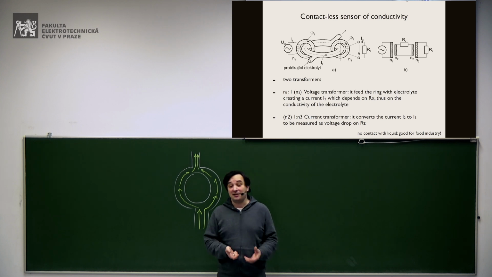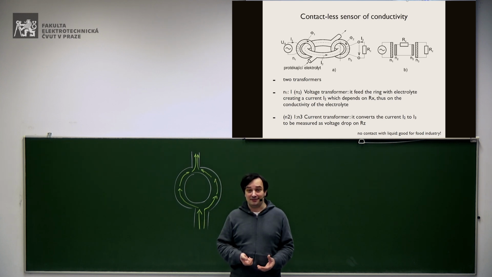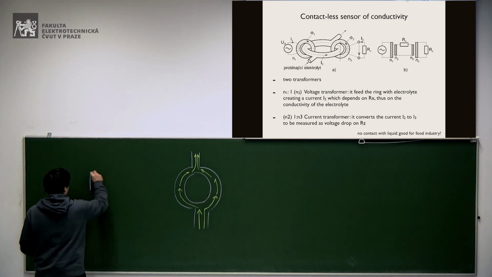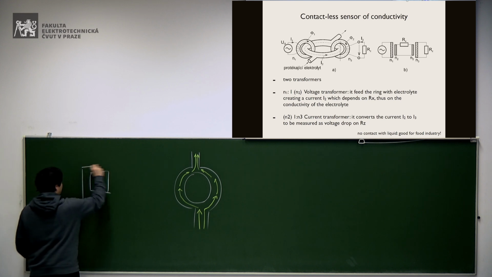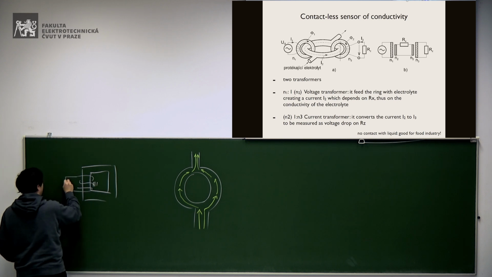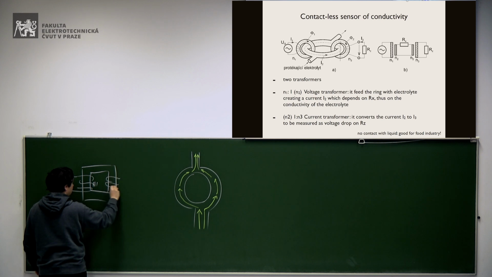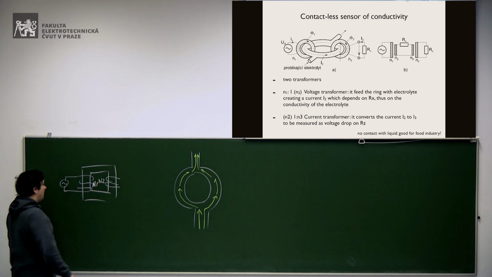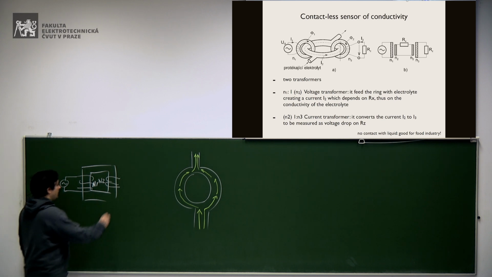And where is the second part of the transformer? A transformer, you know, always has a ferromagnetic core. You have N1 turns here, and then N2 turns here, okay? And then the ratio is N1 over N2.